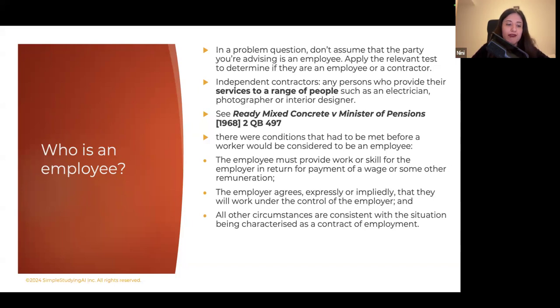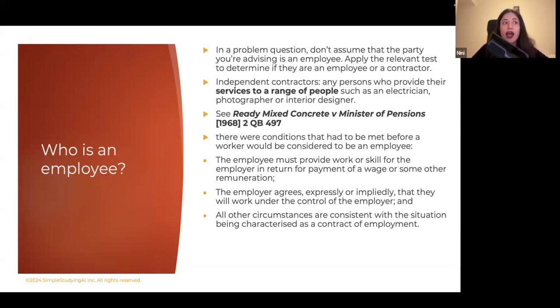For example, if someone chooses their own hours, it's more likely they are a contractor. But if someone is given a specific job to do within the hours that are set out by the employer and has very little control over their work because they are just doing what the employer is saying, then that's most likely an employee.